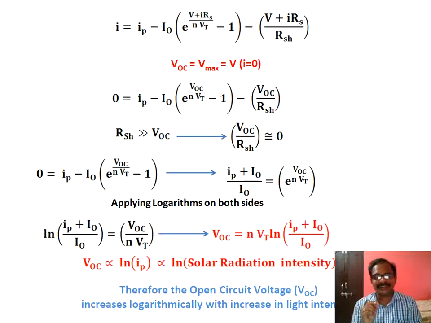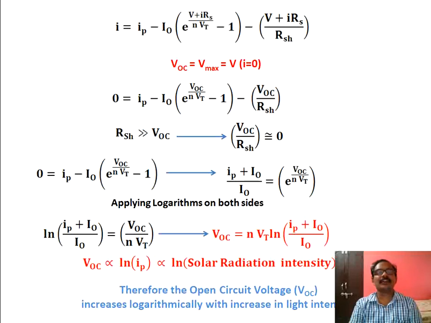That is, it will increase slowly, whereas the short circuit current increases linearly with the increase in the solar radiation intensity. That is, it will increase linearly.